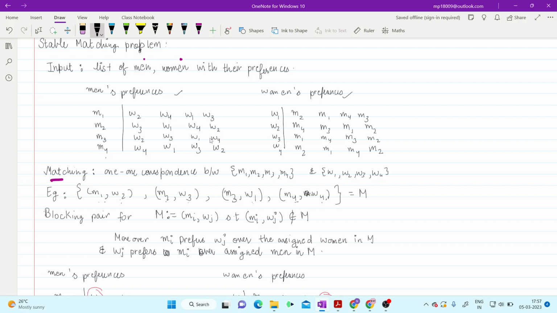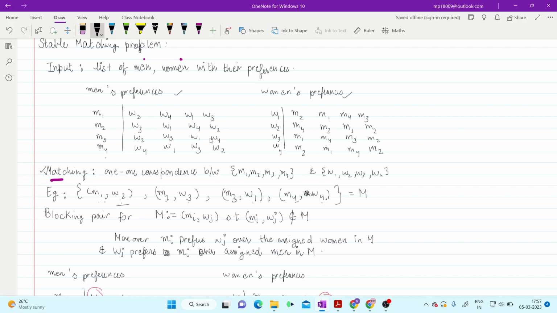Why is it a matching? It should be a 1-1 correspondence. Each man has been assigned some woman, each woman has been assigned some man, and no two women are assigned to the same man. So this is a matching.